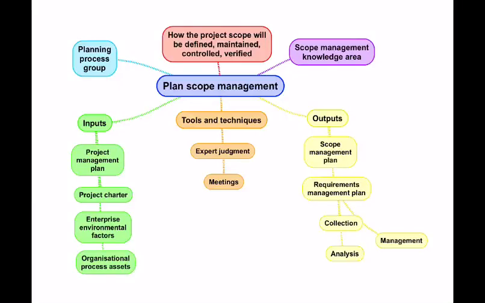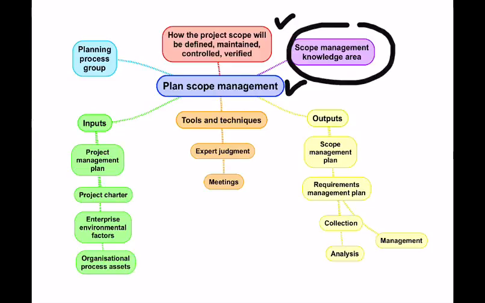Hello. Plan scope management is the second process in the planning process group, and it talks about how the project scope will be defined, maintained, controlled, and verified. Plan scope management belongs to the scope management knowledge area, and it belongs to the planning process group.